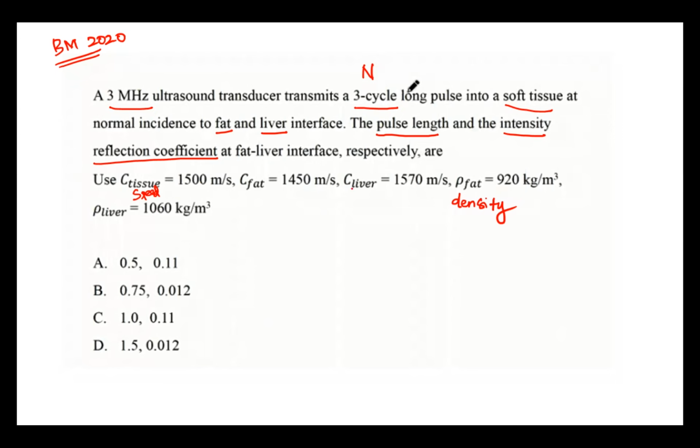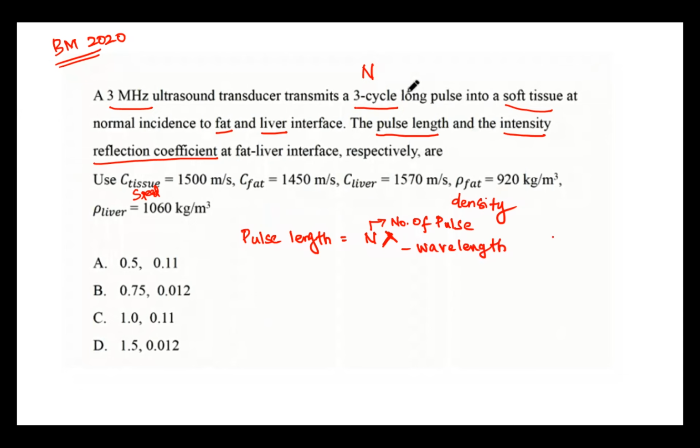It is all interrelated. The pulse length formula we have already discussed: pulse length is n into lambda, where n is the number of pulse cycles and lambda is the wavelength.